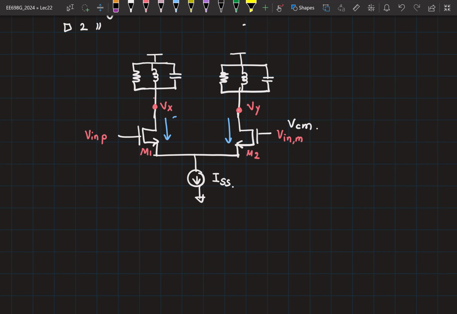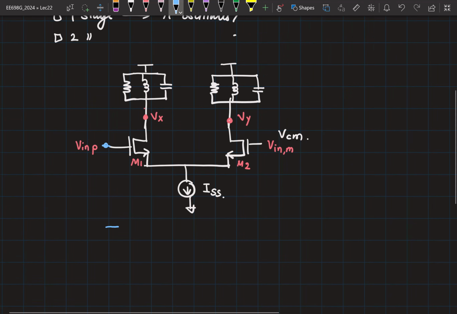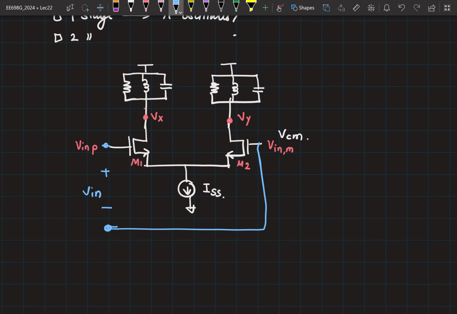Now let me apply some input V in between both these terminals. So this is one terminal and this is the other terminal. I'm applying some V in between them, and we'll apply this in a differential sense, meaning that this will be plus V in by 2 and this terminal is going to be at minus V in by 2.